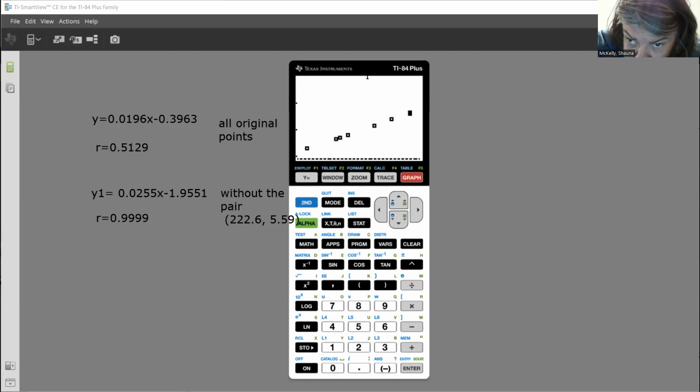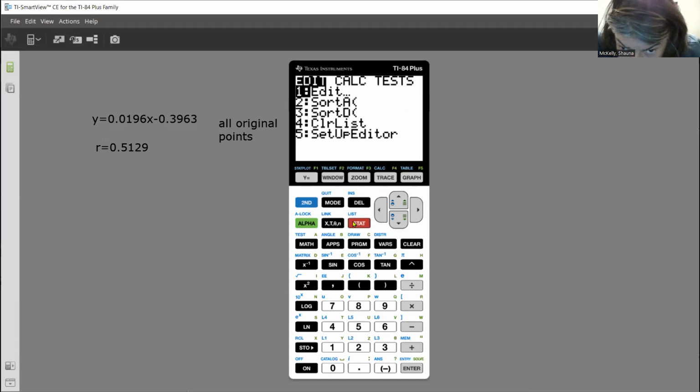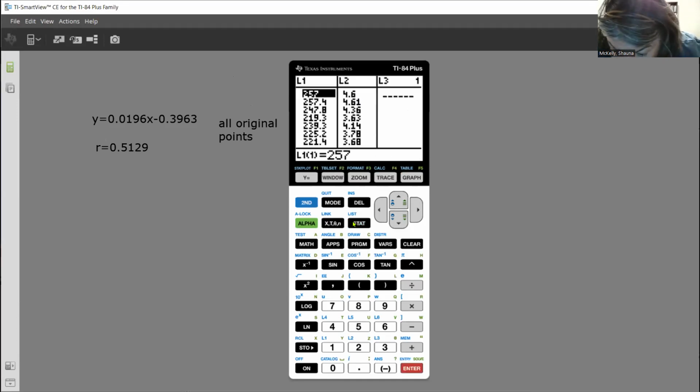And I don't think it makes sense unless you see the whole thing. I'm going to go back in and put my point in here. Start, go to my edit screen, put back the point that I removed. So this is 222.6 and 5.59.